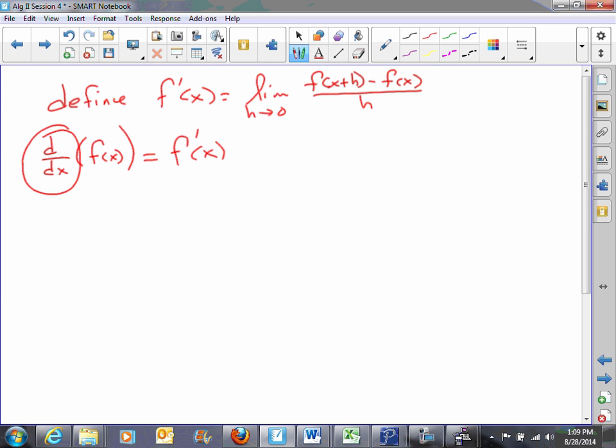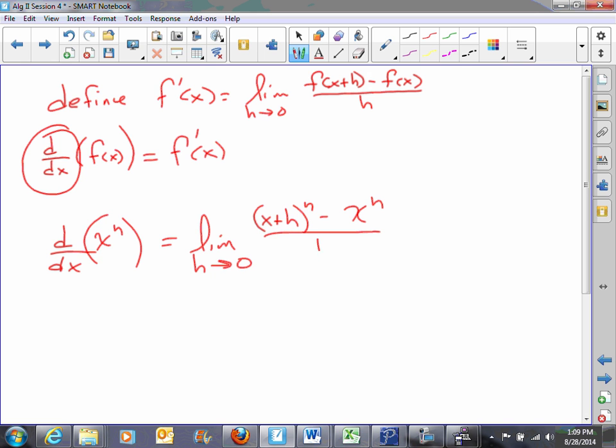Now, first of all, if we have some polynomial, let's just start with x to the n. If we want to find the derivative with respect to x of x to the n, that would be equal to the limit as h approaches 0 of x plus h to the n minus x to the n all over h, according to the definition of our derivative.